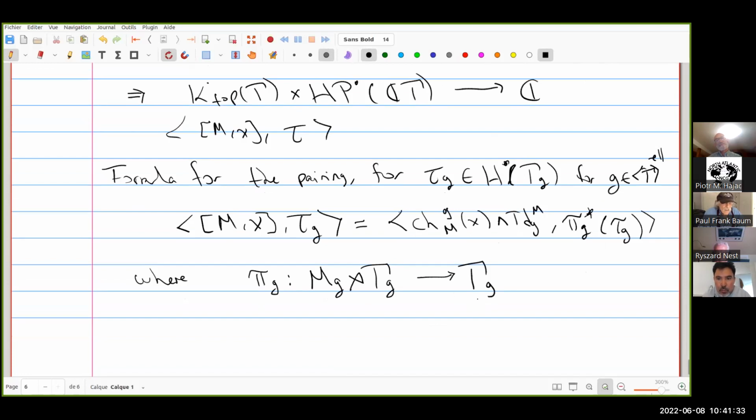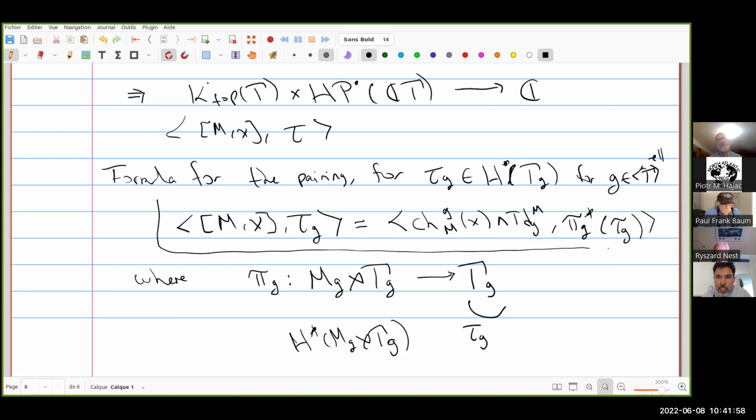So this tau G lives in the group cohomology of gamma G, and then you pull it back to the groupoid cohomology of MG gamma G, which turns out to be the gamma G invariant forms, because here we are taking proper actions. So these are known results. And well, this is the formula. So for every class, this is what I wanted to tell you mainly.